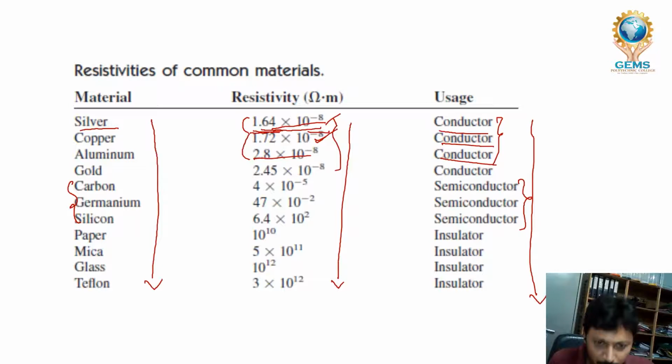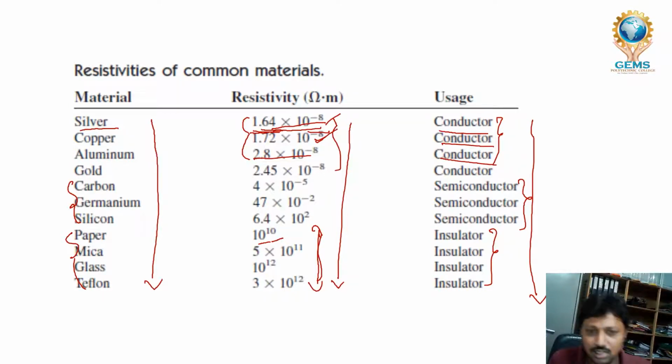Now you see the insulators: paper, mica, glass, and teflon. You see that the resistivity is very high: 10 power 10, 5 into 10 power 11, 10 power 12, 3 into 10 power 12. So the resistance is very high, right?